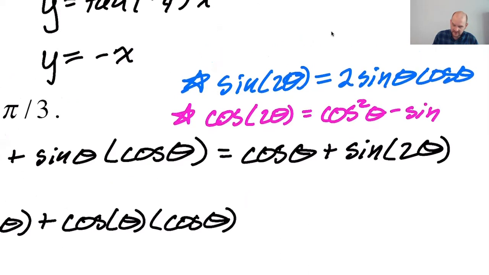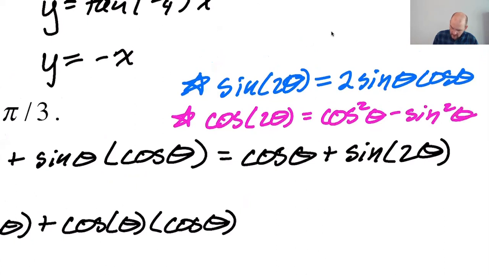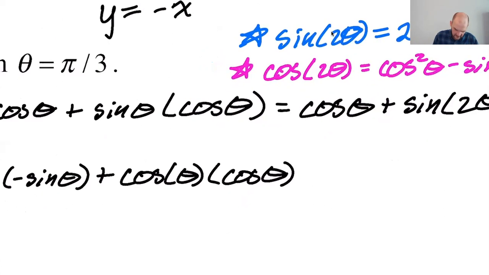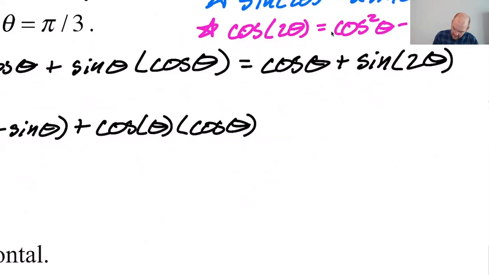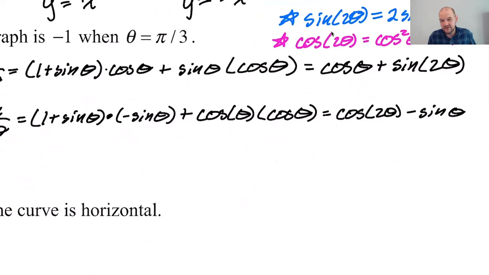So it pays off to know 14 formulas. Is it mandatory? I don't really know. But I'm going to write this as cosine of 2 theta minus sine of theta. I'm also going to check my answers. Well, actually, if I get -1, I know that I'm right.